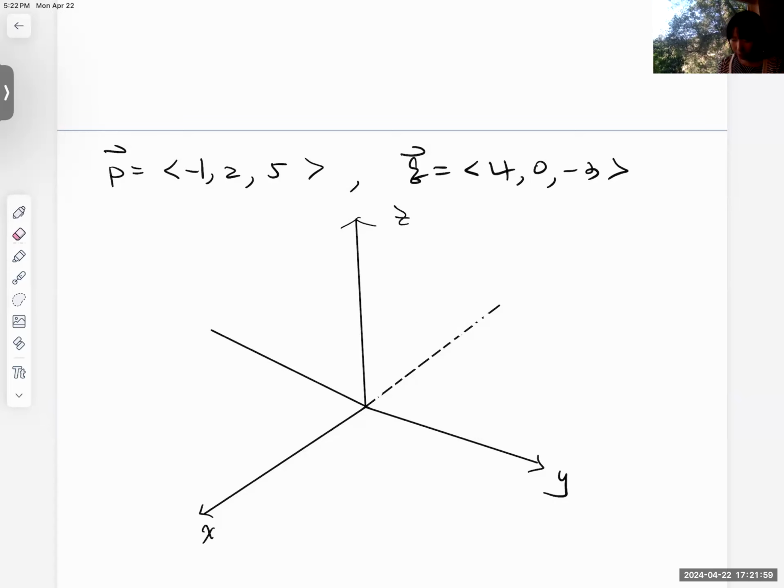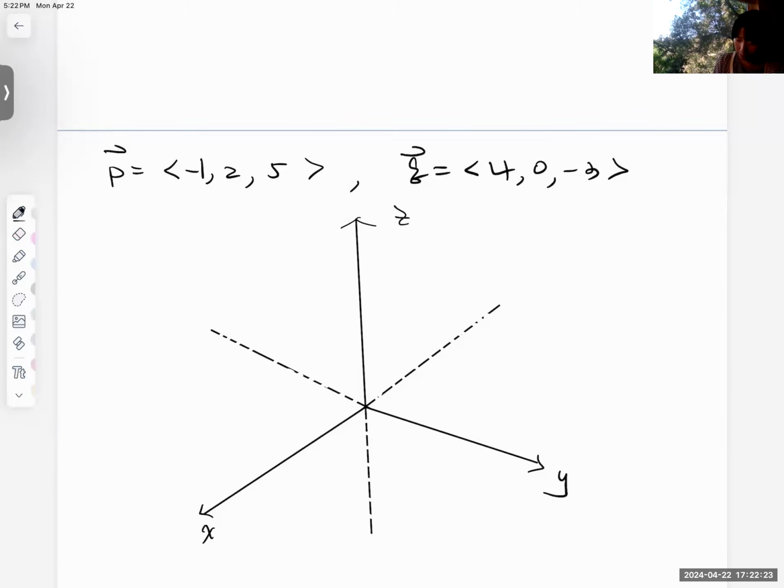Okay, then erase the line. Okay, then z. Erase the line. Okay, now I want to plot the point -1, 2, 5.